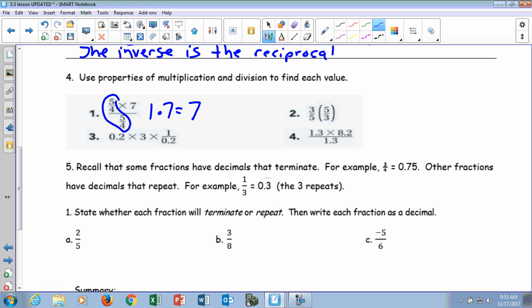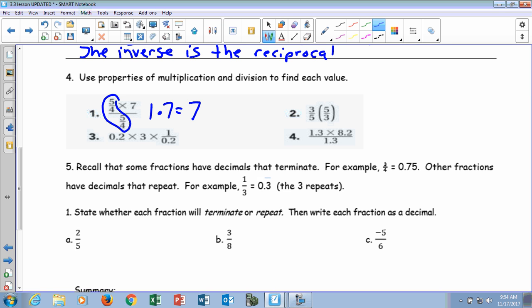What about number 2? Well, you know it's about 3/5 and 5/3. They're flipped around, which means they are the reciprocals of each other. So if I were to multiply these two, what would our answer be?